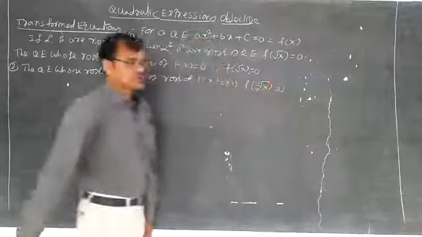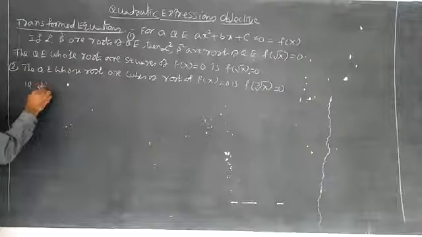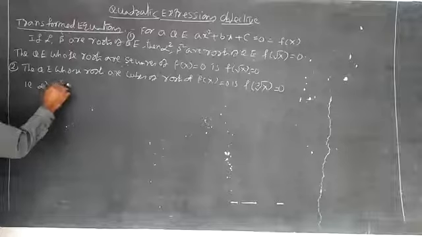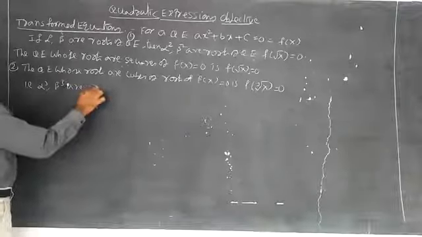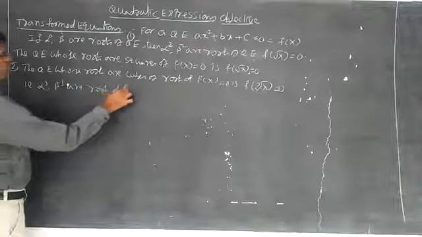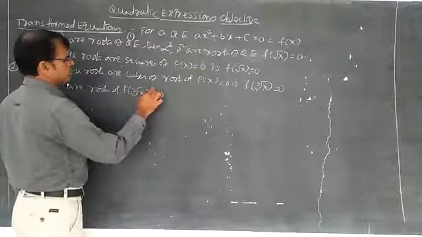F of cube root x, that means alpha cube, beta cube are roots of f of cube root x equal to 0.